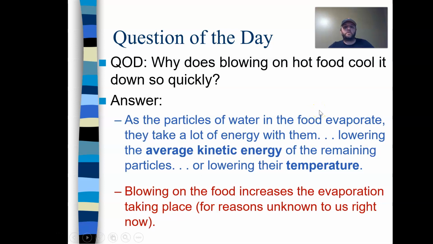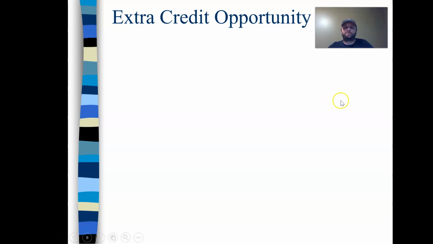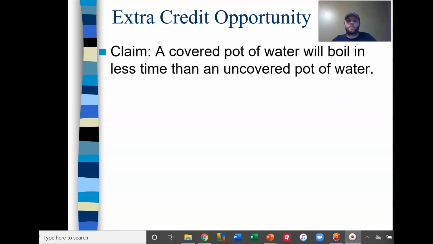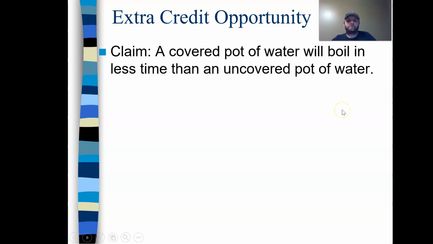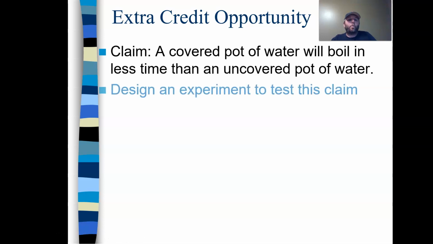Which brings us to an extra credit opportunity. I'm going to make a claim here. A covered pot of water will boil in less time than an uncovered pot of water. That is my claim. What I'd like you to do is design an experiment to test this claim.